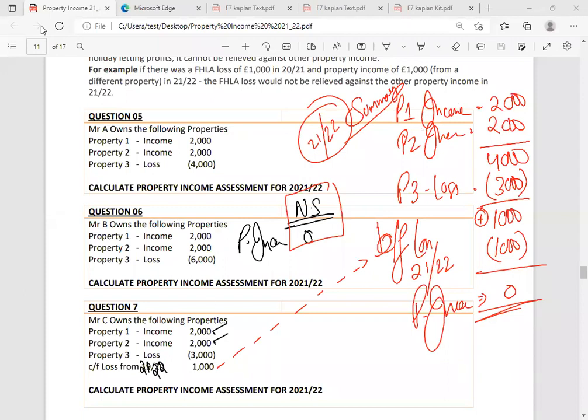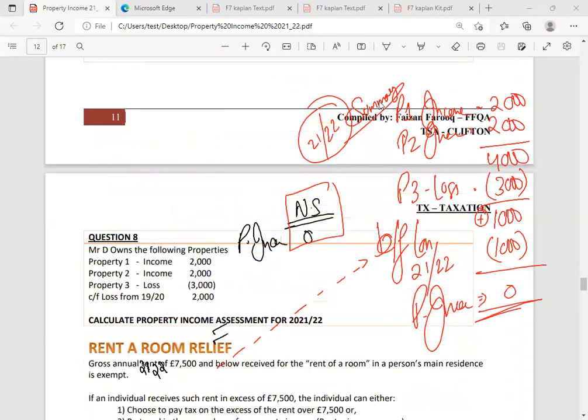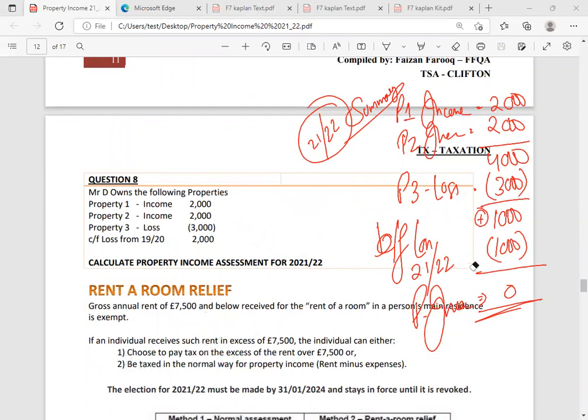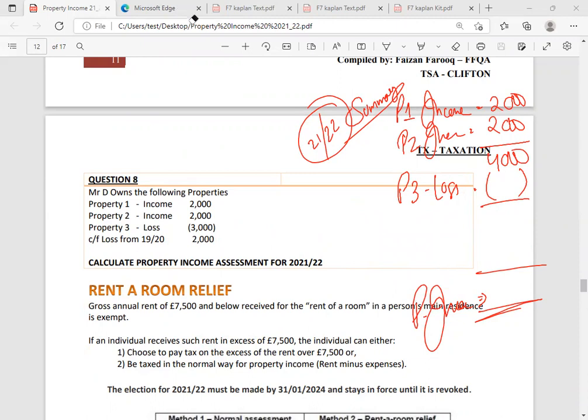Now, the next question. Please read out the question and see what the difference is. Mr. D owns the following properties: property 1, income 2000, property 2, income 2000, property 3, loss 2000, carry forward loss from 2020 to 2021, 2000. Calculate property income assessment for 2021 to 2022.